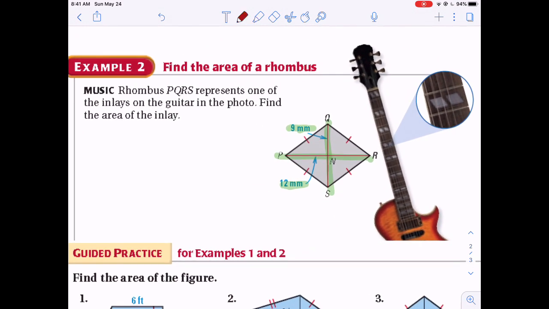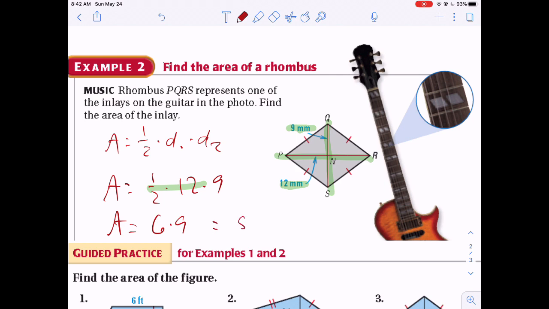So the formula is A equals 1/2 D1 D2. So A equals 1/2 times 12 times 9. Again, 1/2 of 12 would be 6, right? So you have A equals 6 times 9. That's 54, in this case, millimeters.